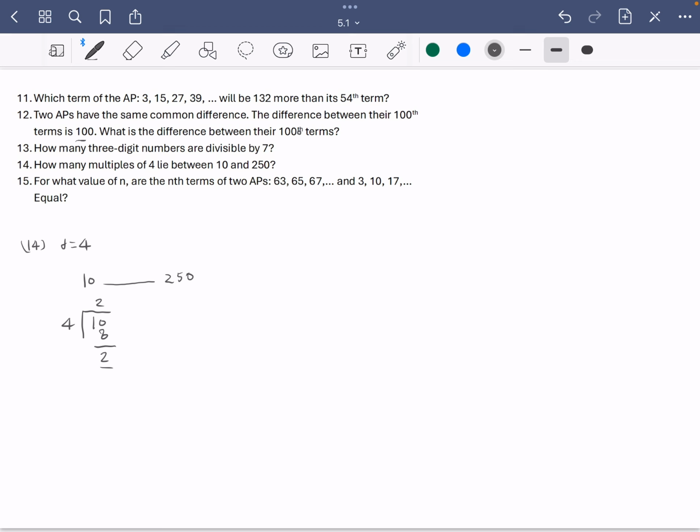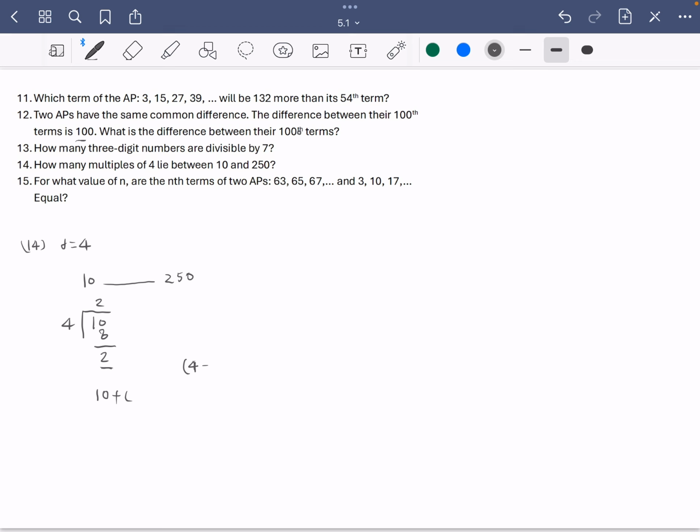Now I cannot divide 10 by 4, so I need to add a number to make it divisible by 4.